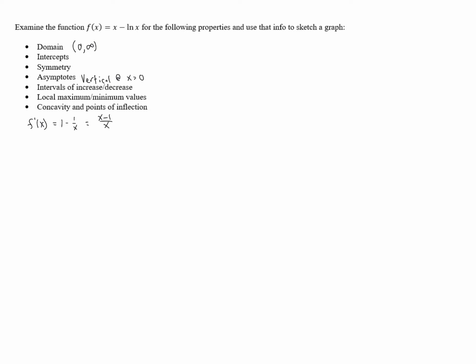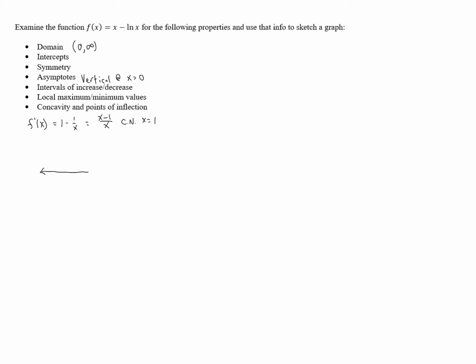If we're looking for critical numbers, this function is undefined when x equals 0, but since that's not a part of our domain, that's not going to be a critical number. The numerator is equal to 0 when x is 1, so x equals 1 is going to be a critical number.